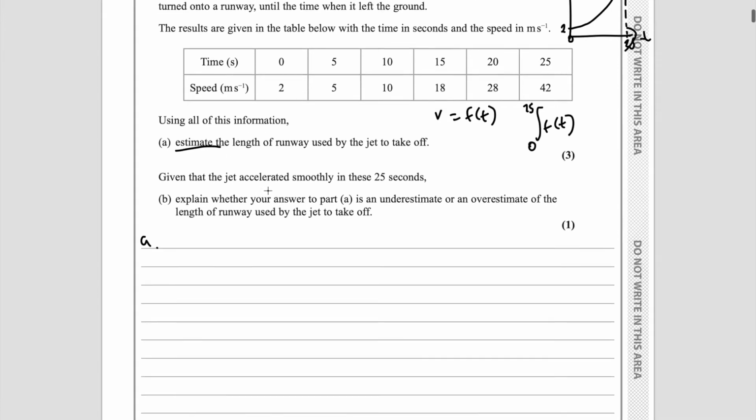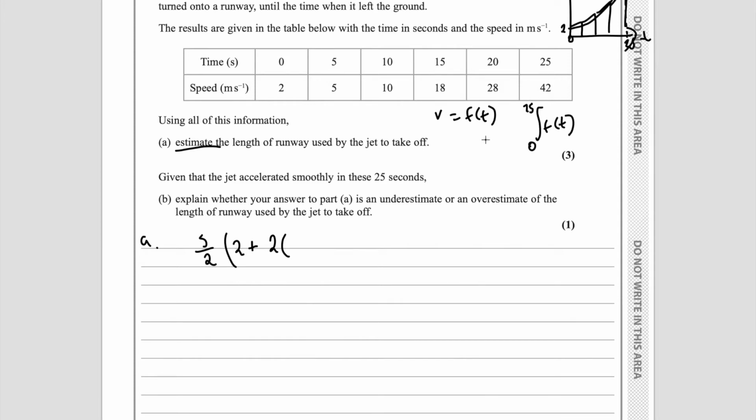So with the Trapezium Rule, in order to measure the area under here using small trapeziums like this, we need to know the height of each trapezium, and also consider the width, which is the interval of the increase of time, which in this case is 5. And what we do is divide that by 2, and multiply it by the start speed, which in this case is 2, adding that to 2 times the sum of 5, 10, 18, and 28, all the way up until the last speed.